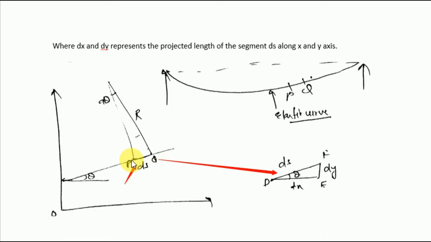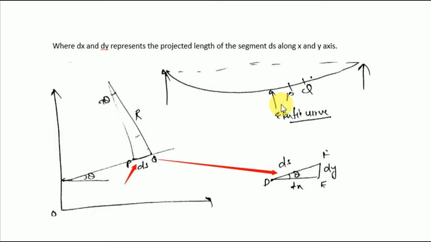If we draw a line from P parallel to the x-axis, denoted by DE, and a vertical line from Q parallel to the y-axis, denoted by EF, then we consider the triangle DEF, in which we have the distances ds, dy and dx, and the angle theta shown here. By analyzing this triangle we create some slope equations.